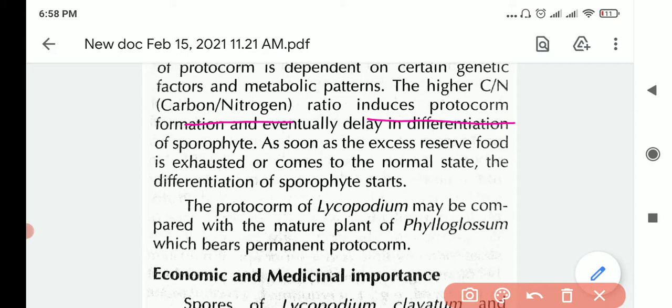They will be very slow in becoming a sporophyte, because the protocorm stays for some time. As soon as the excess reserve food finishes and things return to a normal state, then the sporophyte will start forming.